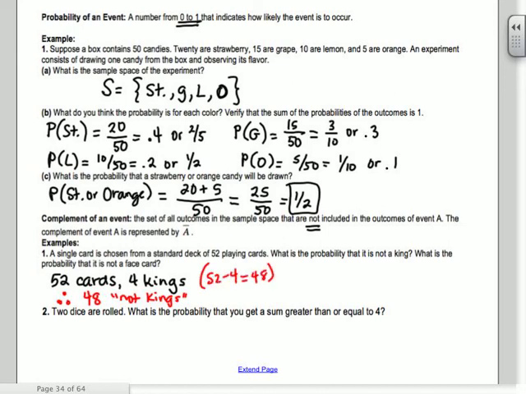Okay, so then the probability that you don't get a king would be, or let me write this out differently. You could write it as probability of K with a bar on top of it, so K complement. So everything but the kings would be 48 out of 52, which is 12 over 13.